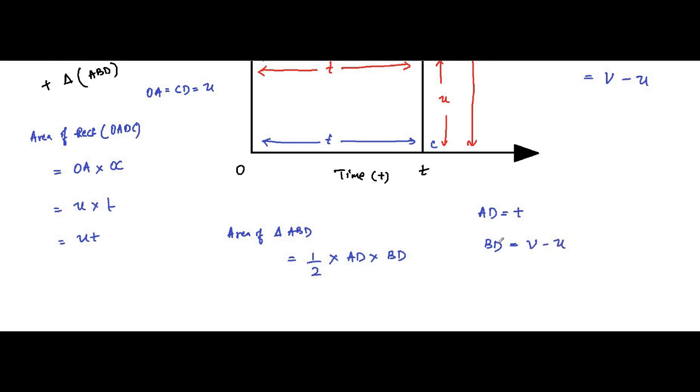Now we have already derived that v is equal to u plus at. So v minus u is equal to at. So we can substitute BD, which is equal to v minus u, as at. So here it will be equal to 1/2 into AD, which is equal to t, and BD is equal to at, which gives 1/2 at square.